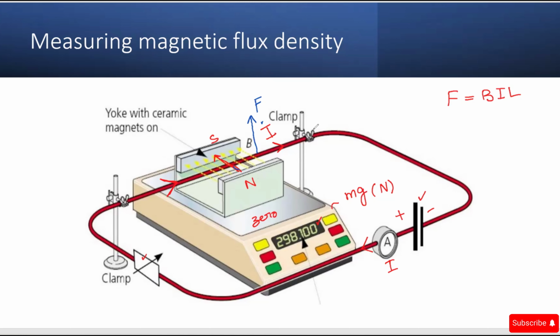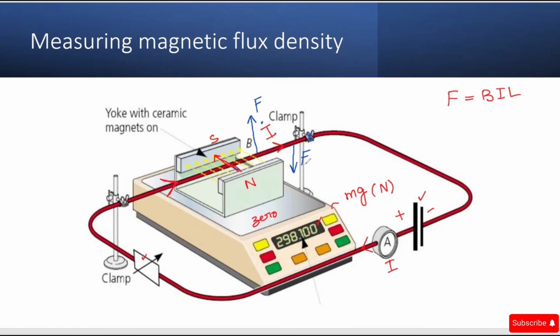We have clamped this wire and fixed it here, so now this wire cannot move upwards, but there is a force. If there is a force and this wire cannot move up, then according to Newton's third law, there will be a similar force downwards.